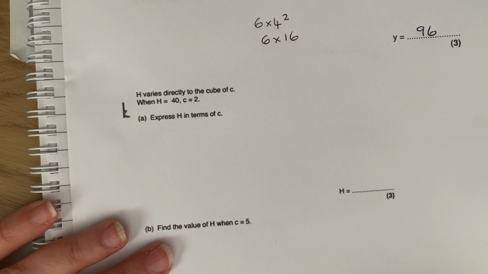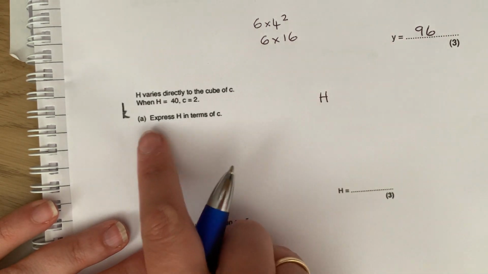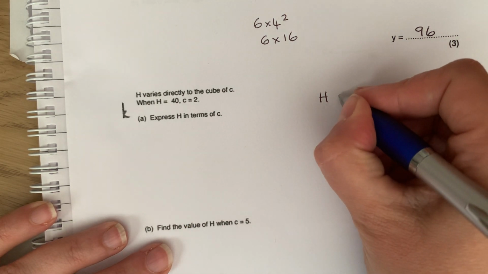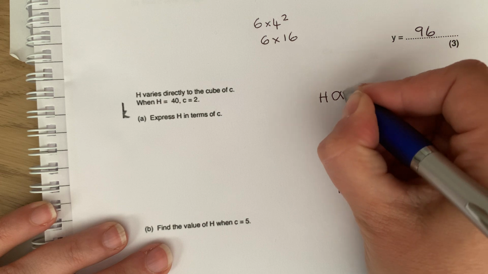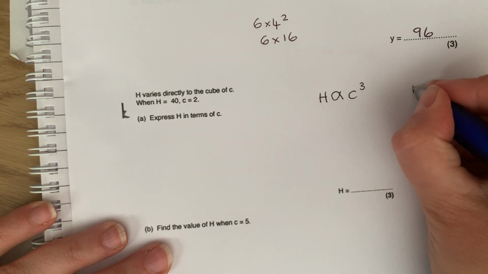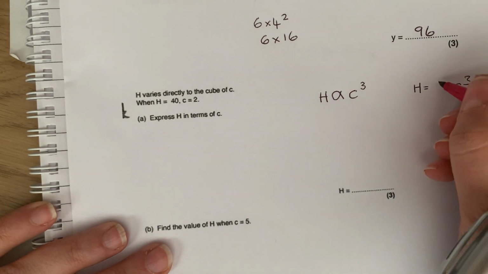H varies directly to the cube of c. This one is express h in terms of c, so that means find the equation. So h is proportional to the cube of c. So I'm going to have my formula with my little k value.